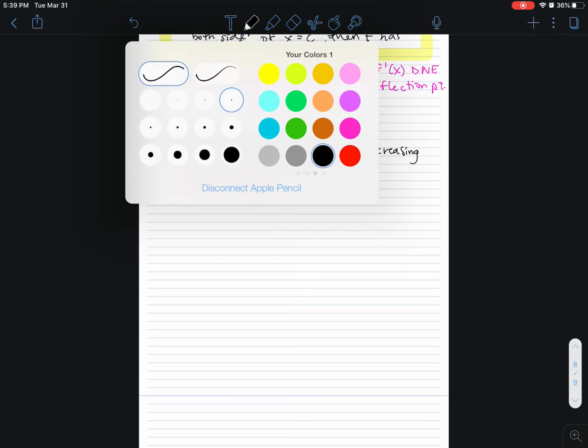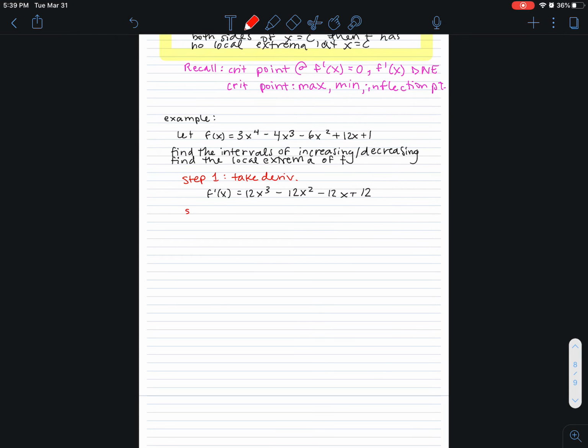Alright, that's our derivative. And then step 2 is to find where f prime of x is equal to 0.